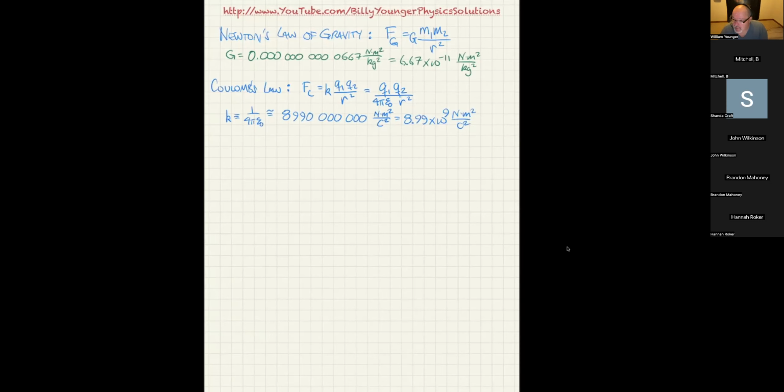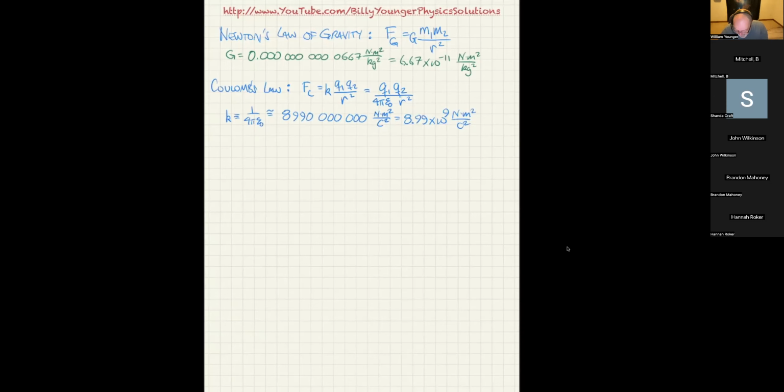It's a product of some characteristic. In the case of gravity, it's mass 1 and mass 2. In the case of electric force, it's charge 1 and charge 2, measured in coulombs. And it's inversely proportional to the square of the distance between the two objects.